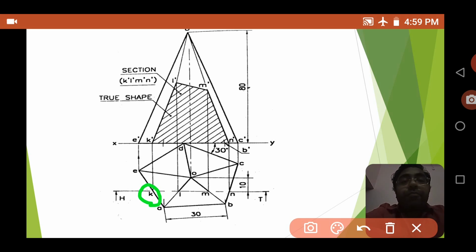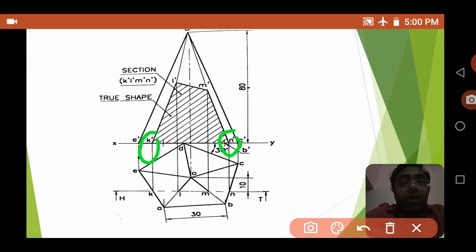From there you have to draw a straight line upward, and you can mark it here K dash, and then L dash. So how does this L dash come here actually, that's the question. K dash and N dash you can directly join because it's straight.